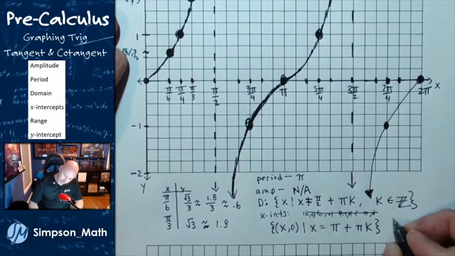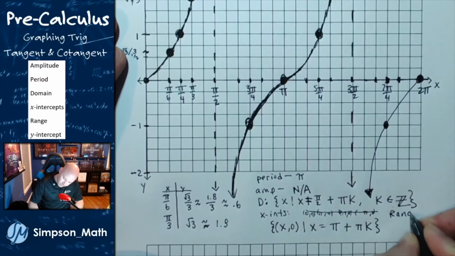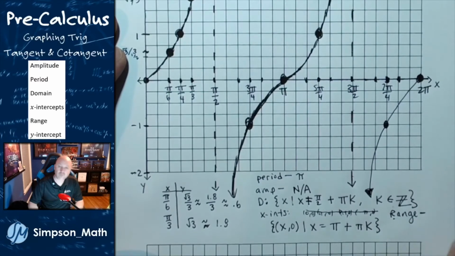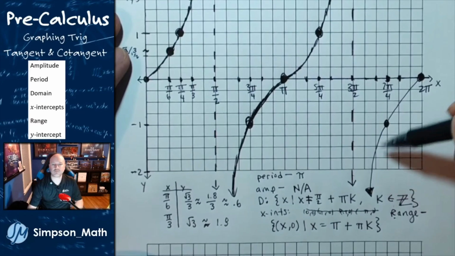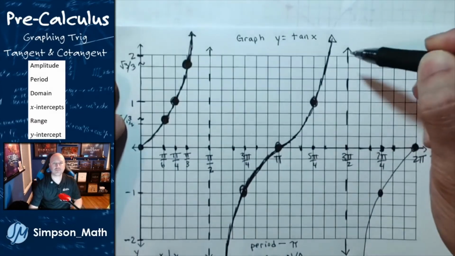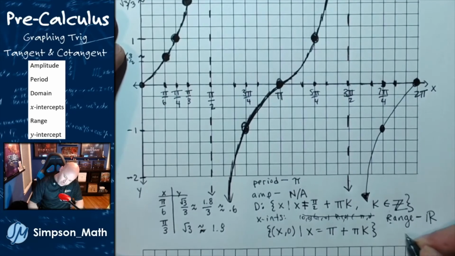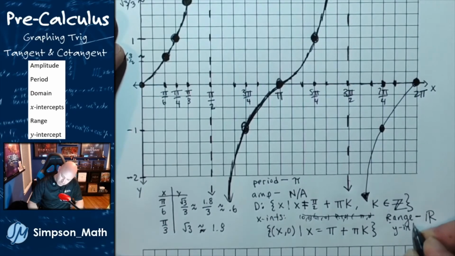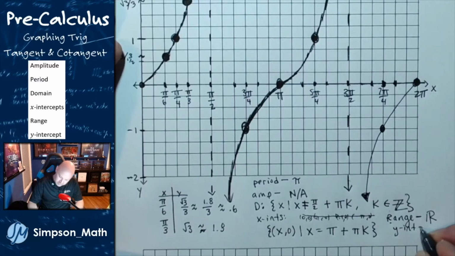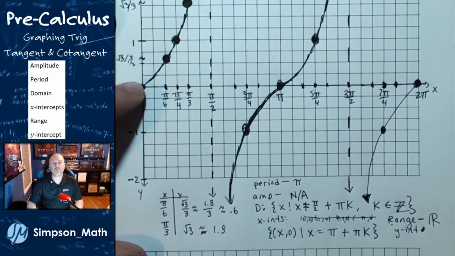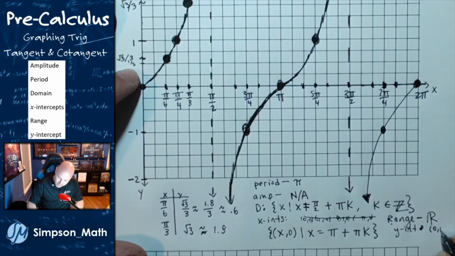Range. I seem to have no problem. All real numbers. Y-intercept. Well, tangent of 0 is 0, so 0, 0 will be my y-intercept.